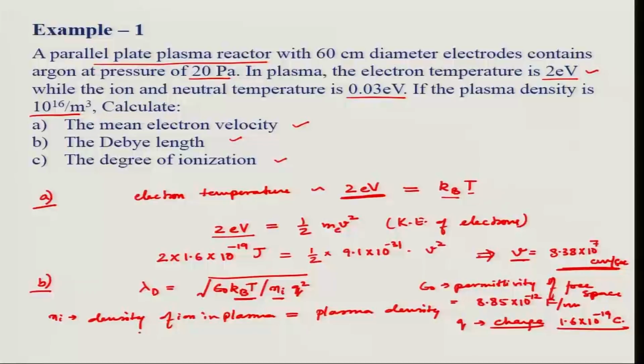So, it is the electron cloud whose energy is important to calculate this Debye length. So, T or kBT would be the electron temperature.